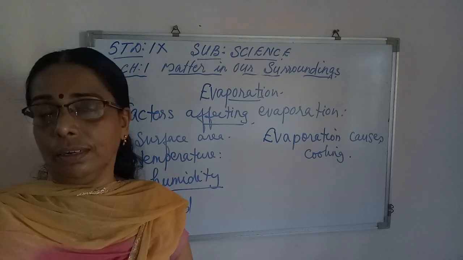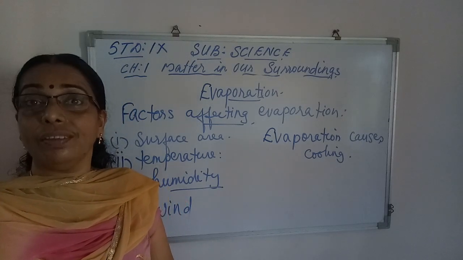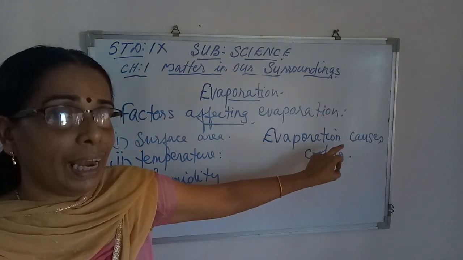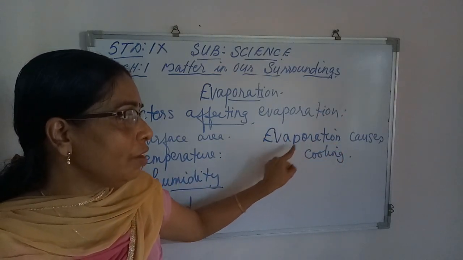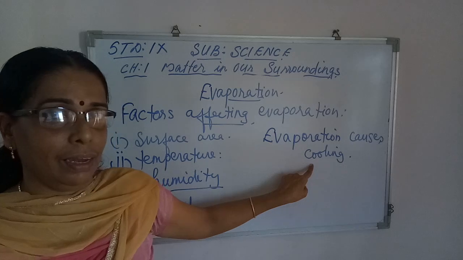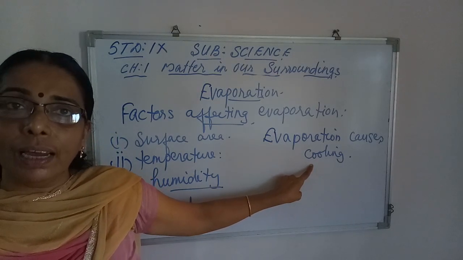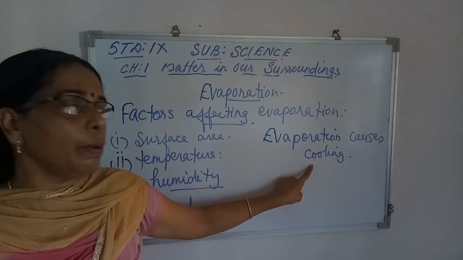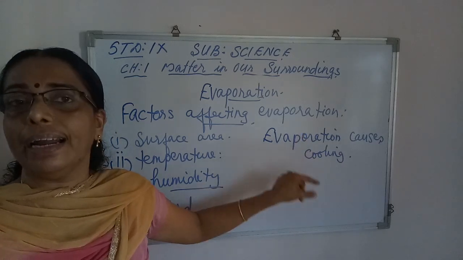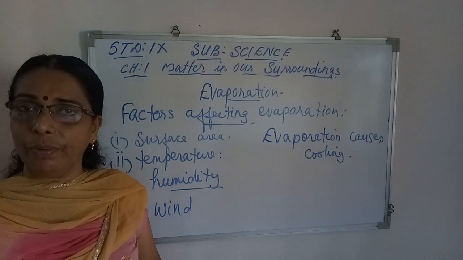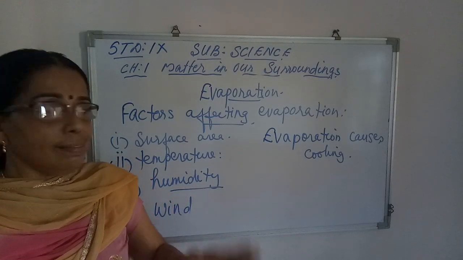What is the reason? The main point I have given: evaporation causes cooling. So find out the reason for these three questions and write it in your book. And more assignment questions I'll give you for this chapter.